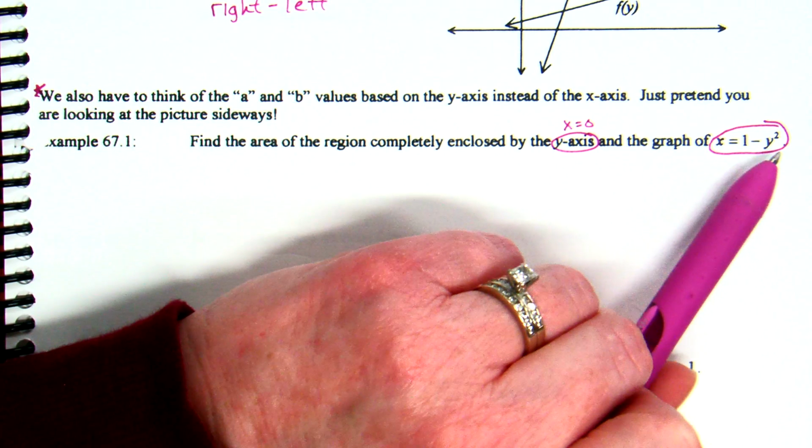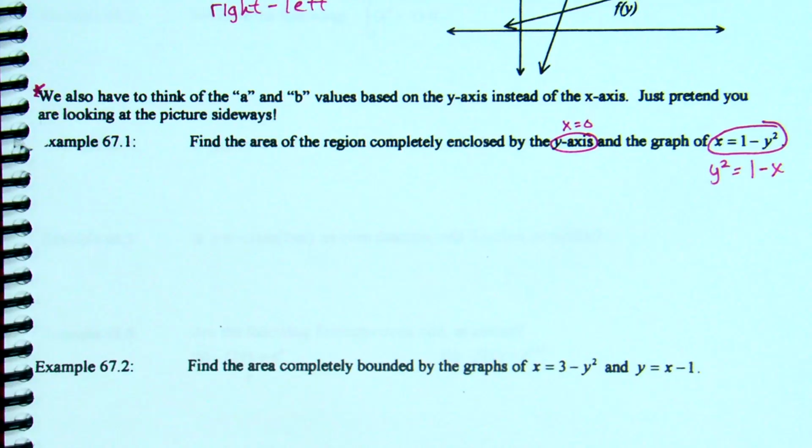So if I solve this, if I add y squared to the left, it's positive y squared. If I subtract x to the left, 1 minus x. I did a double switch there, you got that? And then how do I solve for y? Square root. In an equation setting, don't forget to say plus or minus. So this is y equals plus or minus the square root of 1 minus x.